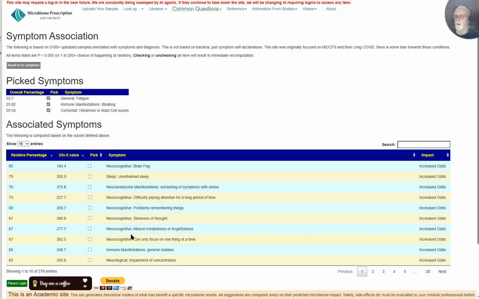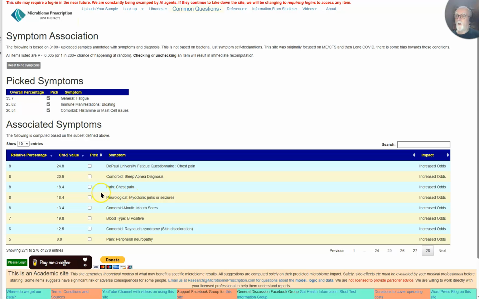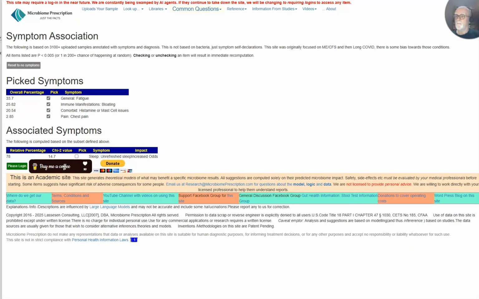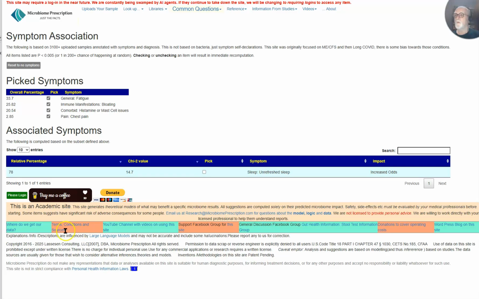And we have a large number of symptoms. Let's go in towards the end. Chest pain and unrefreshing sleep.